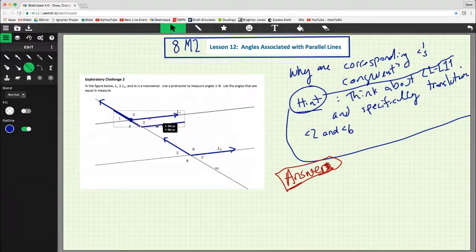And you can see that those two angles then must be the same. Because remember, the rule of translation says that if you translate any shape, any angle, any line, or any line segment, the angle measures will be preserved. And so that's the key.